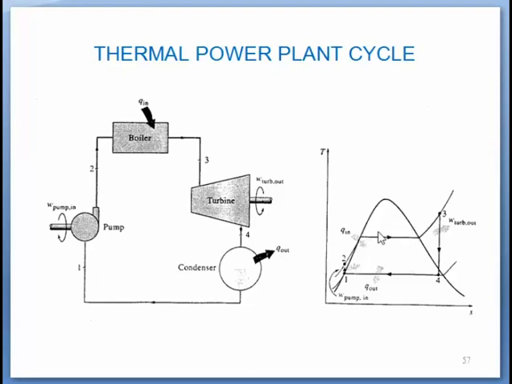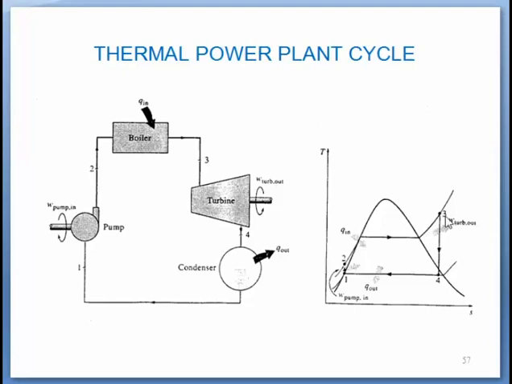This line shows the boiler pressure limit. This line shows the condenser pressure limit. The dry saturated steam, when it passes through the superheaters that we saw in our earlier discussion, gets superheated. By superheating, its work producing capability increases as it has more heat content.